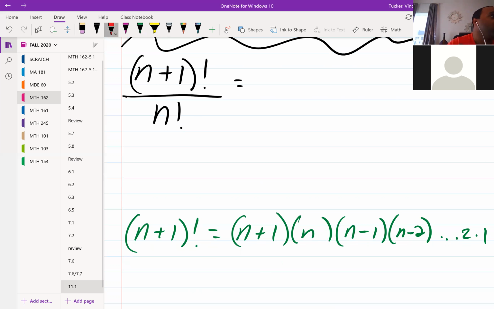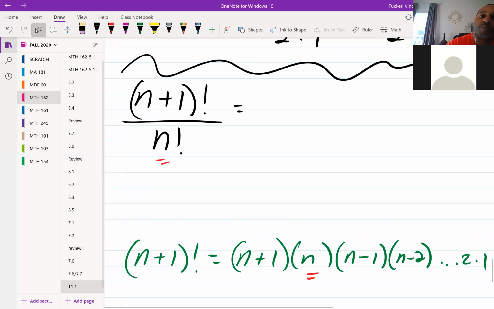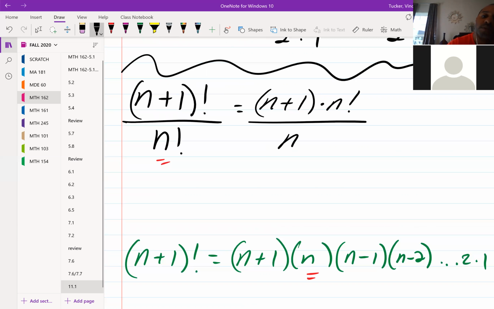But the key in this relationship is that right here is our n. So what I can write as far as my sequence is concerned is n plus 1 times n factorial, because down bottom I have n factorial.